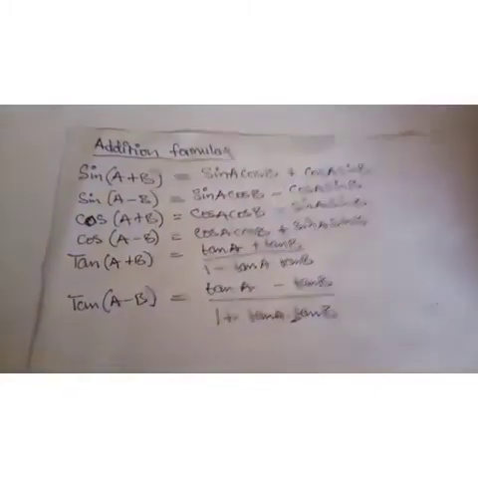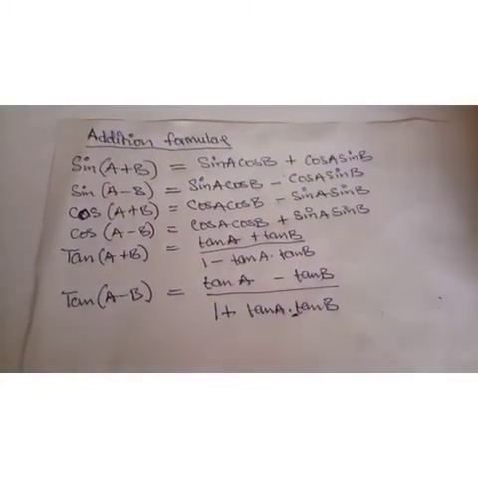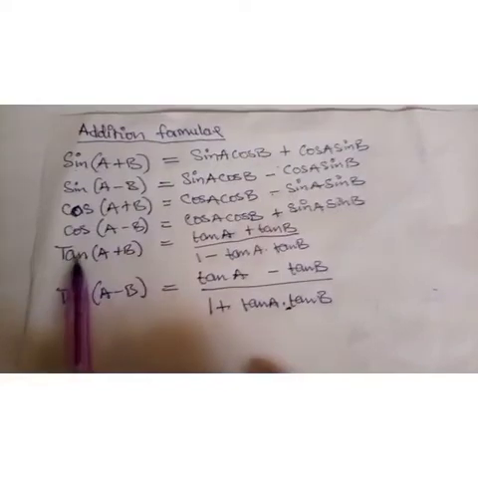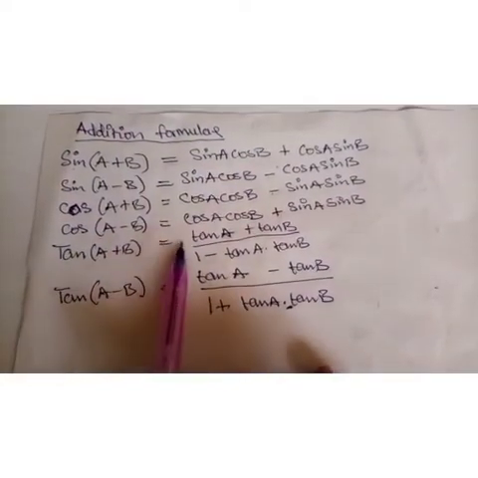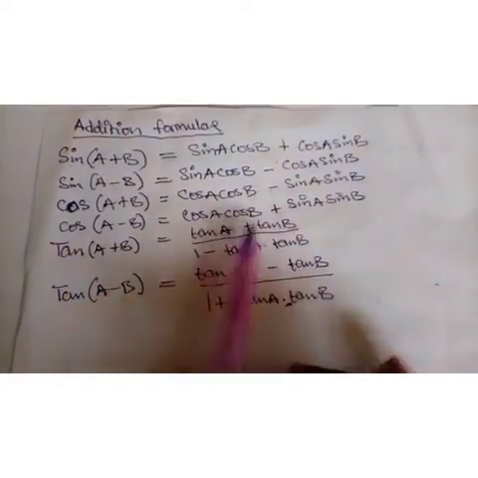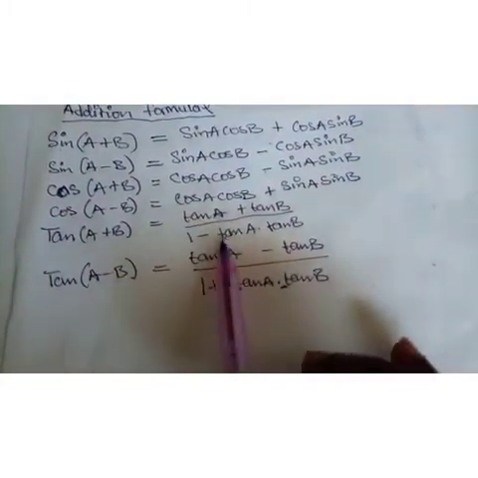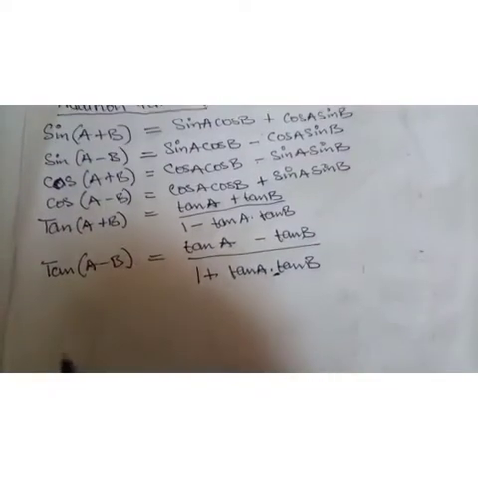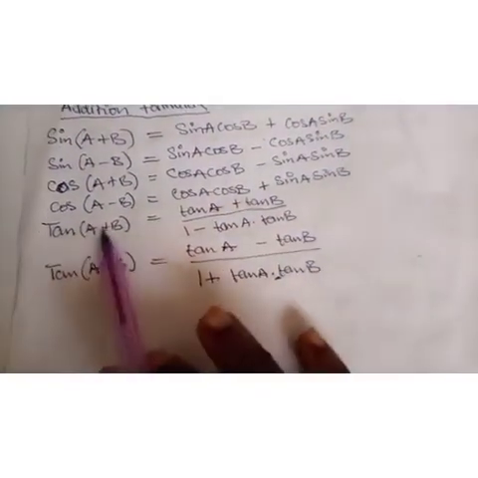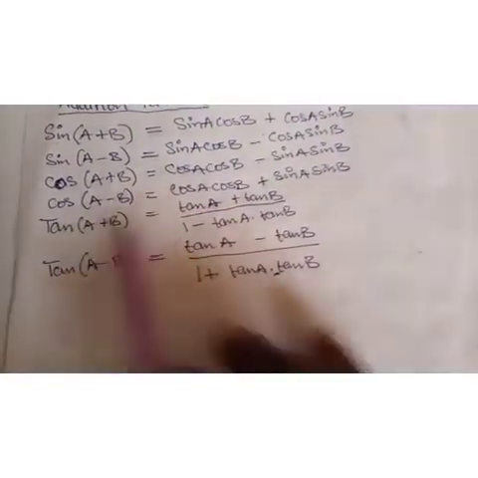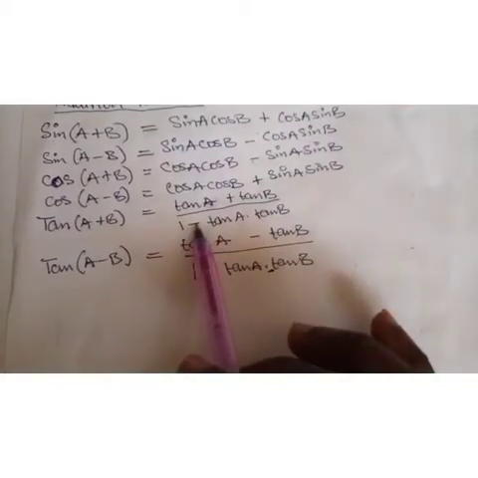So now we move straight to the examples to make you understand. But before we move to the examples, let's deal with the tan. Tan A plus B is equal to tan A plus tan B all over 1 minus tan A tan B. Okay, here when we have a positive, it is 1 minus.